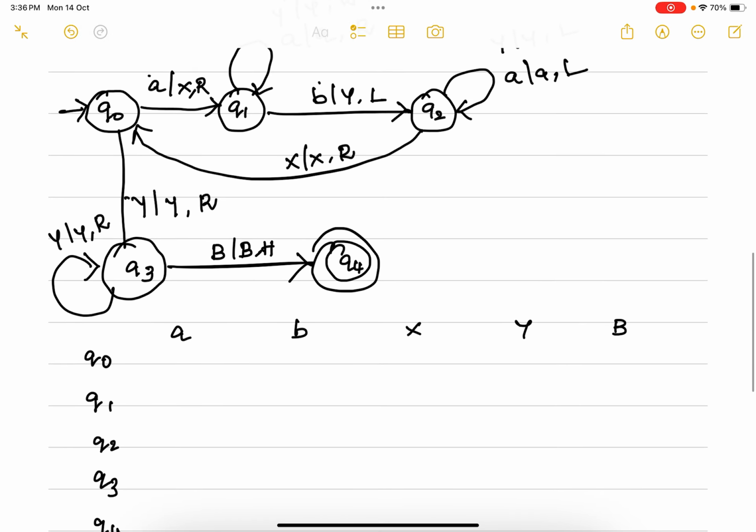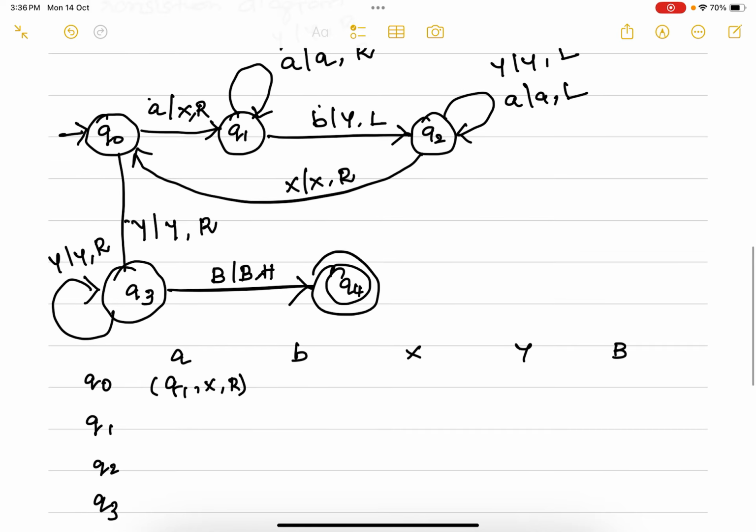Now from Q0, if A comes, where is it going? It is moving to Q1 with a change in the tape symbol to X and with right move. For B there is no transition. For X also there is no transition. For Y it is moving to Q3 with Y and R. For blank there is no transition.